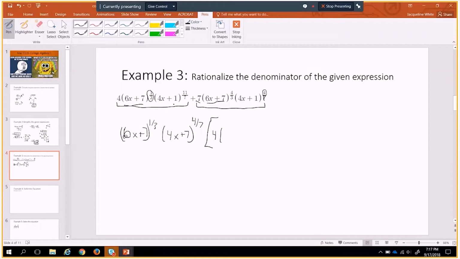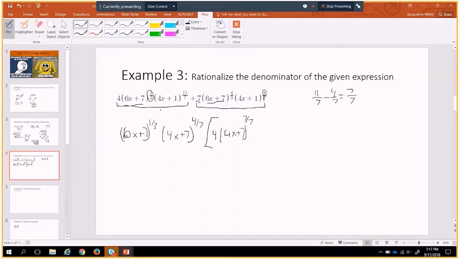What are we left with on this side? If we took a 4 over 7 out of an 11 over 7, we're just going to be left with a 4x plus 1 to the 7 over 7 power, all right? Because when we're working with exponents, we're going to subtract the exponent. So it's going to be 11 over 7 minus 4 over 7, which turns into 7 over 7, right?